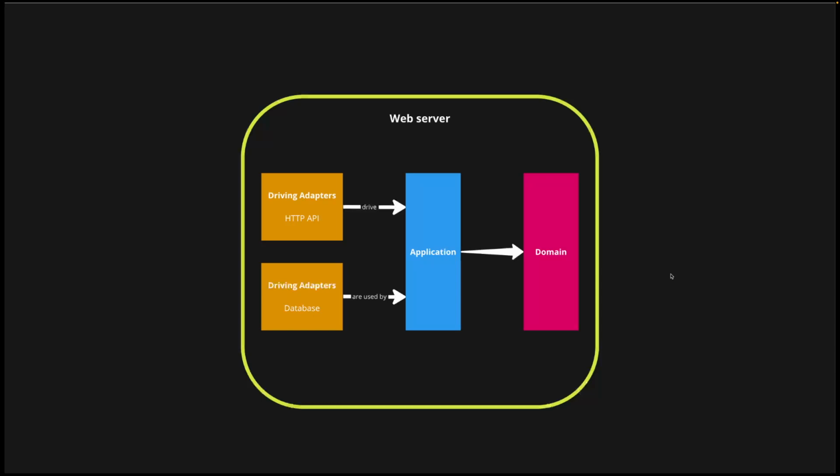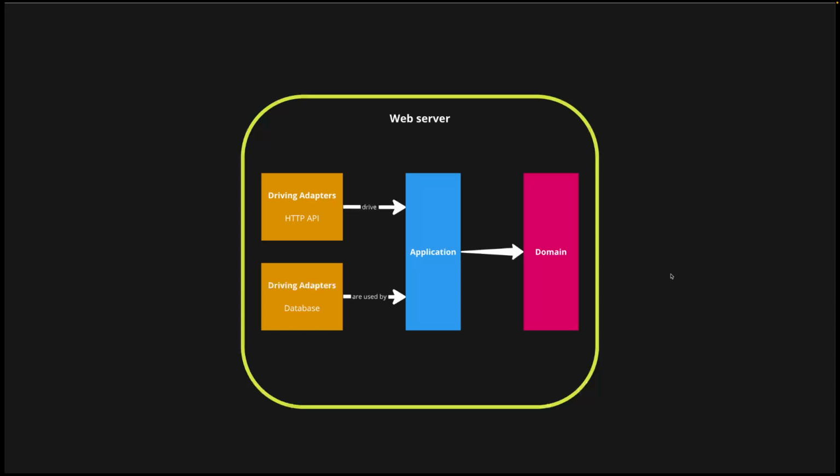These will be driving adapters. They trigger something in our application. While driven adapters are used by our application. So when our application needs to save something, for example, in a database to persist, then our application uses some adapters. But as we mentioned, the dependencies go only one way.